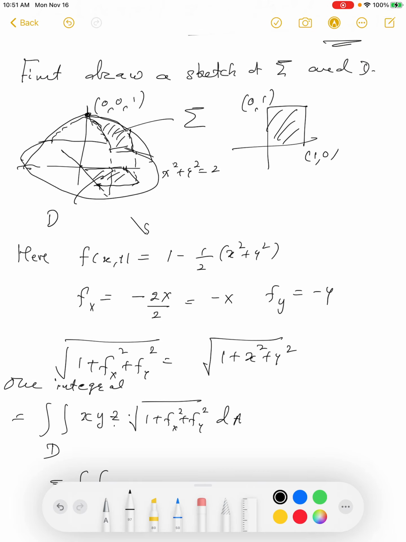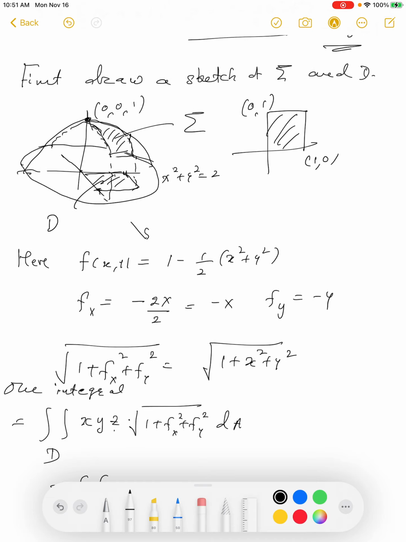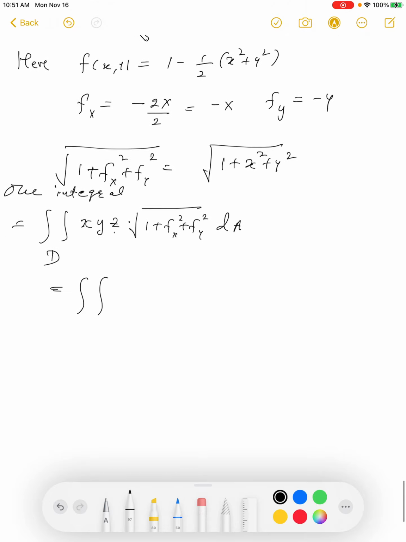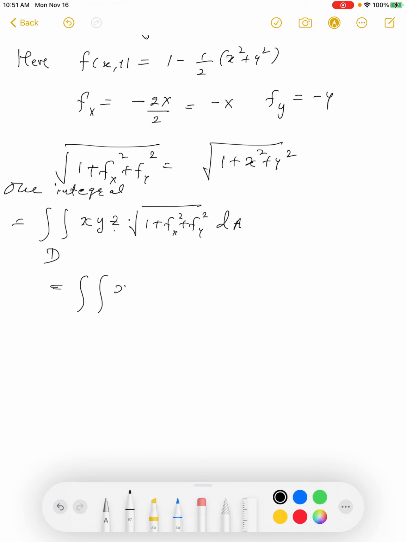To make life a little easier, I can change my function slightly. Should I do that? Probably not. It doesn't matter really. It is going to be xy times 1 minus half x square plus y square times root 1 plus x square plus y square dA.